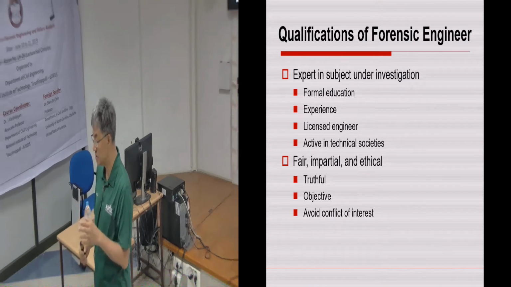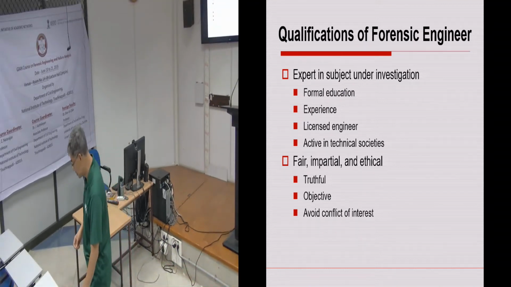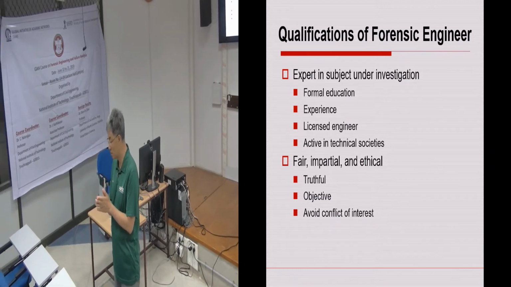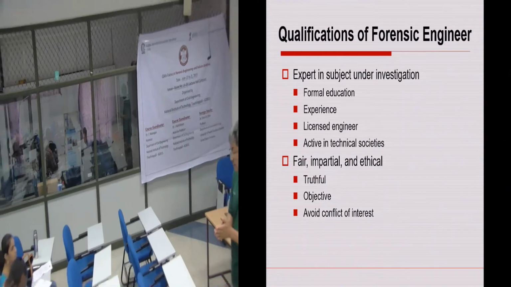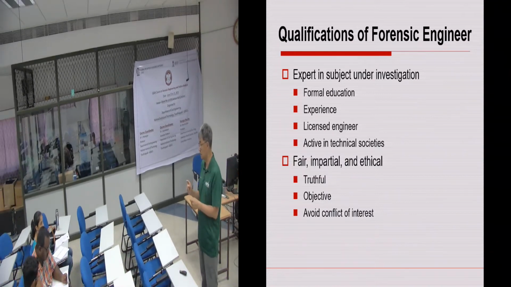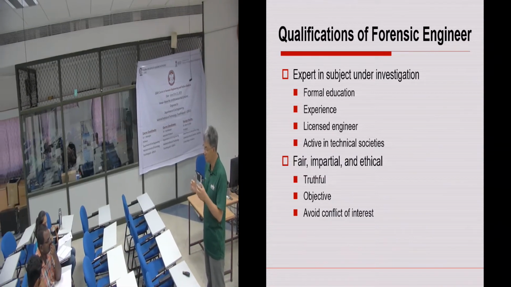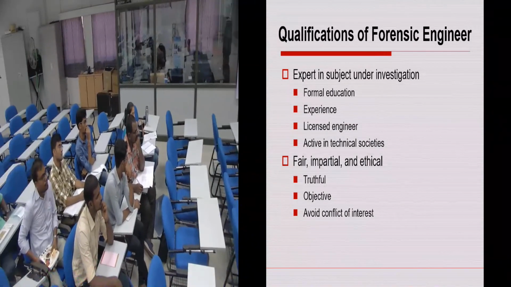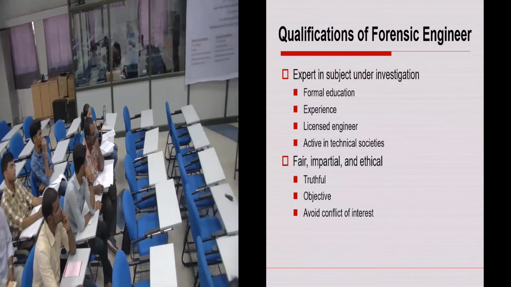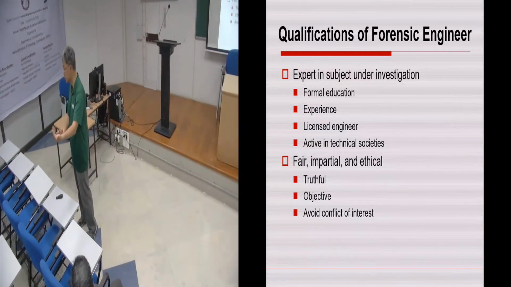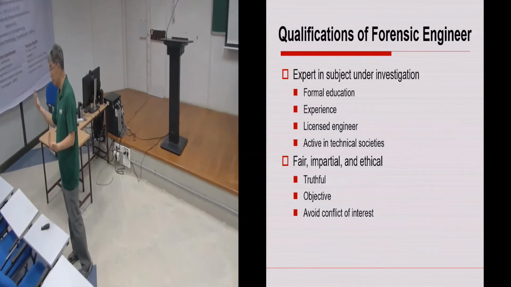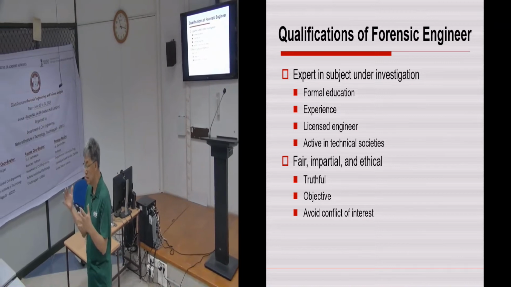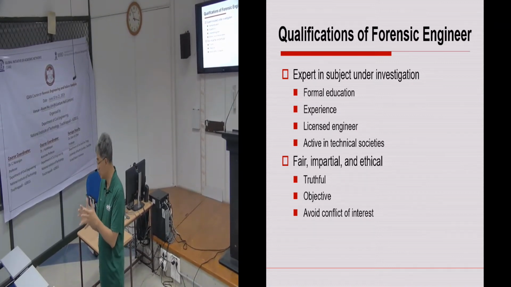You have to understand that in preparing to be the qualified expert for a certain case, you should not have any conflict of interest. If you have a law degree, you may become a lawyer defending a certain client, and if that client has a relationship with a case that you are doing as an expert engineer, then there is a conflict. So sometimes you want to keep yourself as pure as possible.